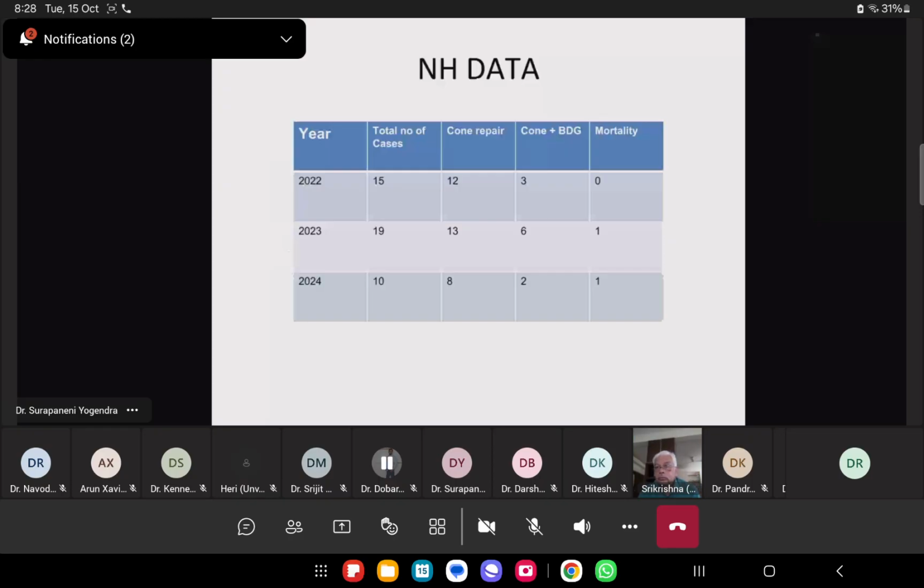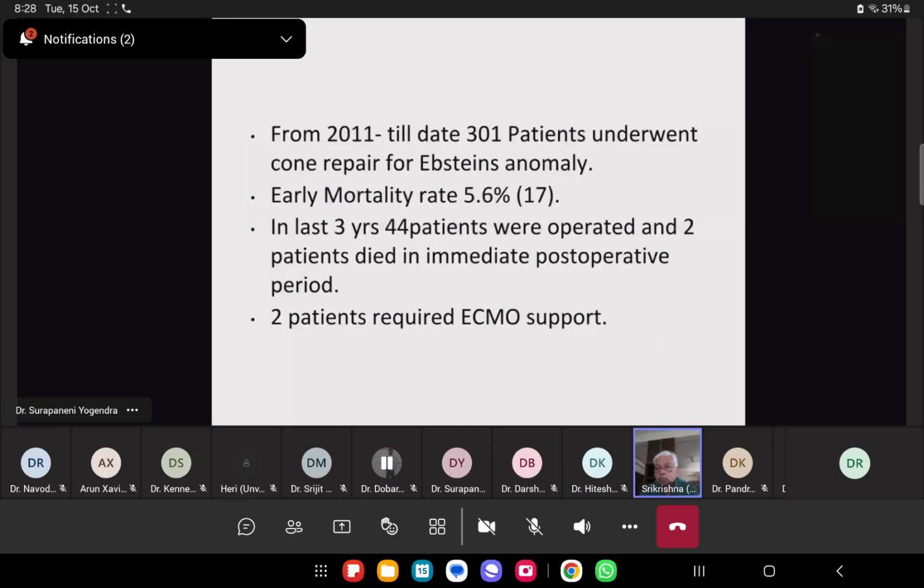Because of these reasons, in the bimodal presentation, in the few weeks after birth they present with severe cyanosis and left heart failure. Then, as the pulmonary vascular resistance decreases, the right to left shunt becomes less, and they seem to have some improvement. And then they may present in the first or second decade. That's why it's classically known as a bimodal presentation.